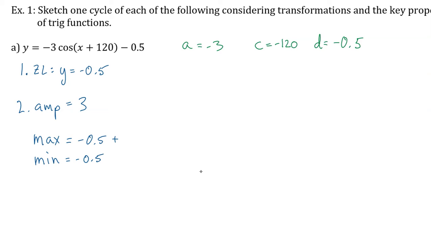For the max, you're adding the amplitude. For the min, you're subtracting the amplitude. Now, what catches some people is if you think the amplitude is negative, then you're adding -3 or subtracting -3, okay? And you end up with your max and your min backwards, and your max is actually lower than your min.